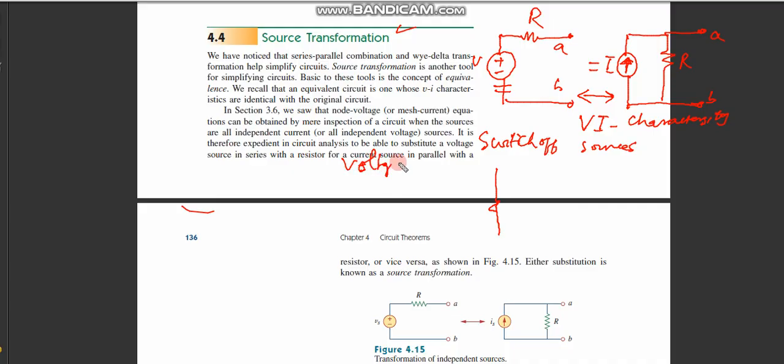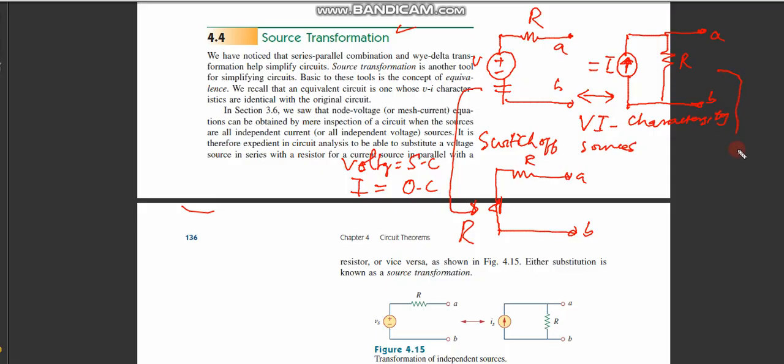The voltage source always becomes a short circuit. And when we switch off the current source, we always make it open circuit. So the value of resistance between A and B is R in this circuit.